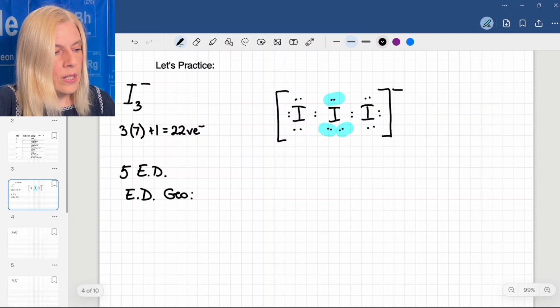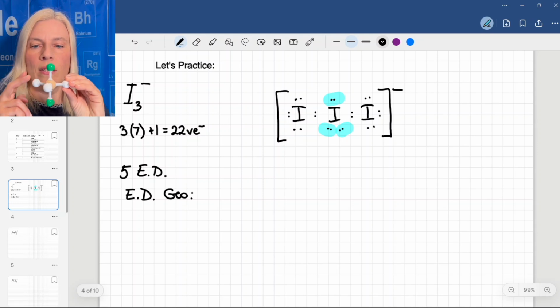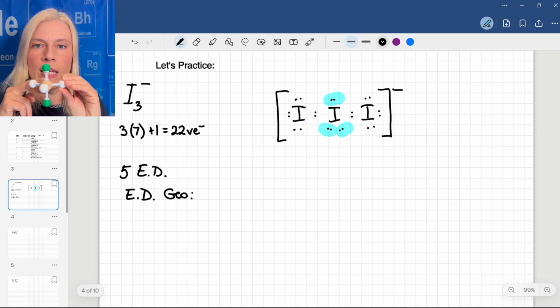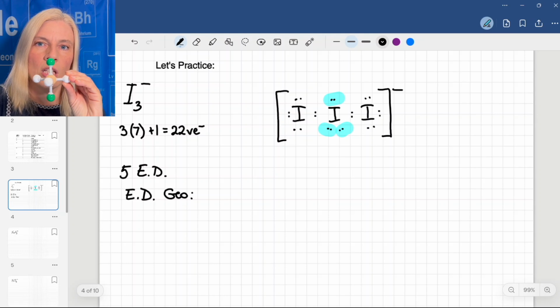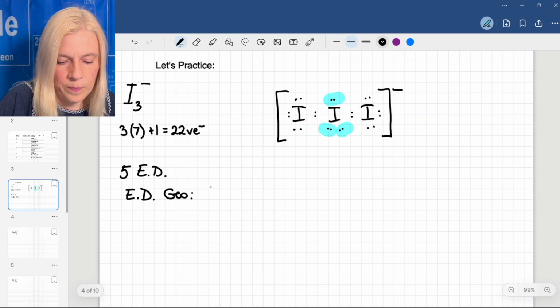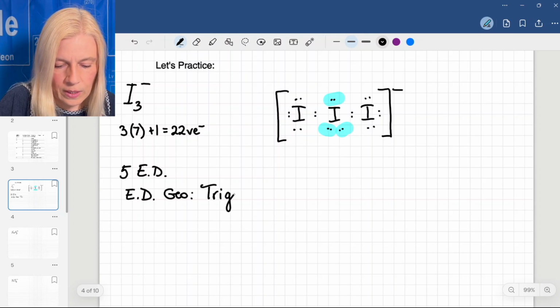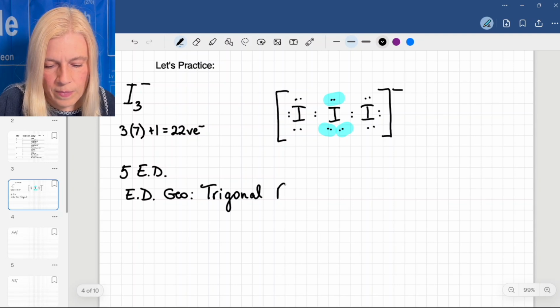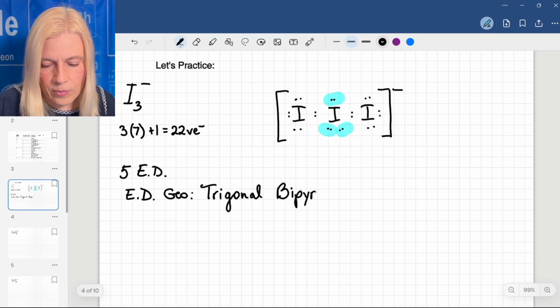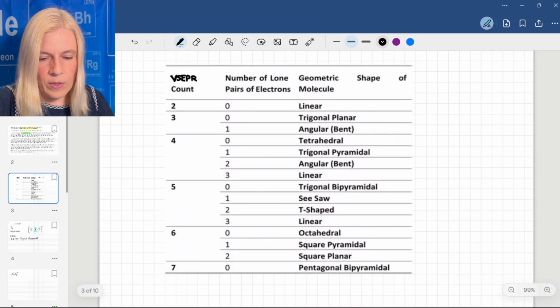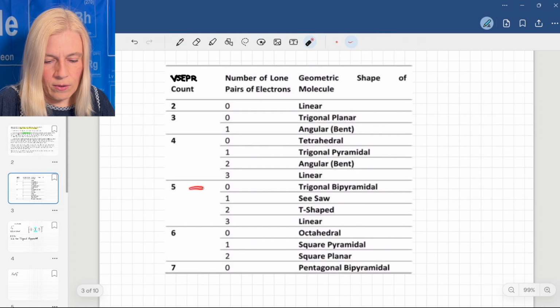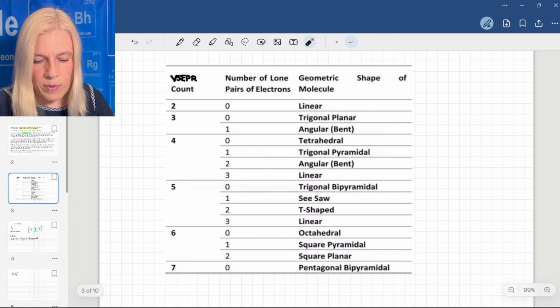It was that 3 trigonal planar, and then one sticking up, one sticking down. So we have trigonal bipyramidal. Yes? So we have 5 electron domains right now, trigonal bipyramidal.